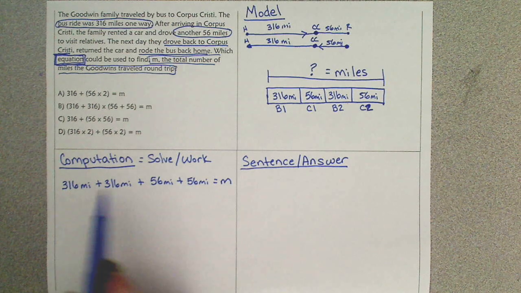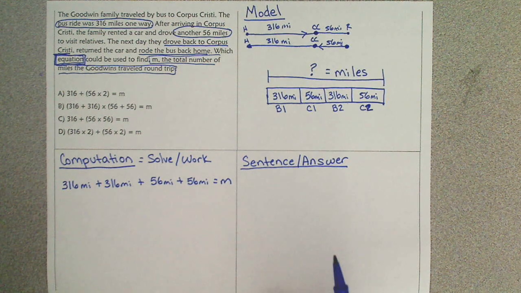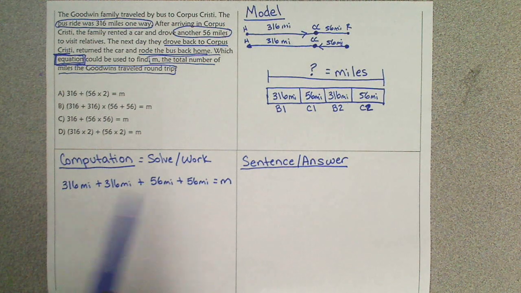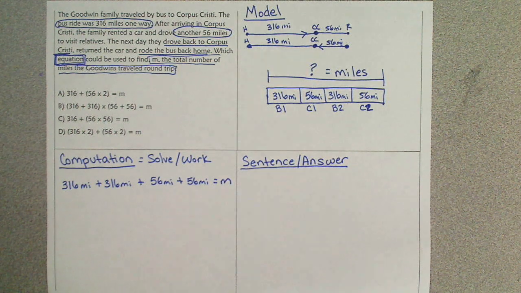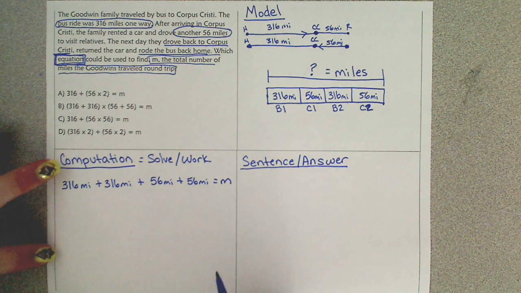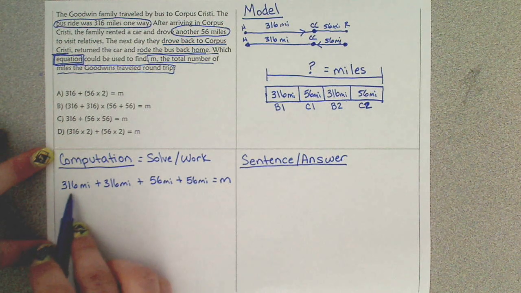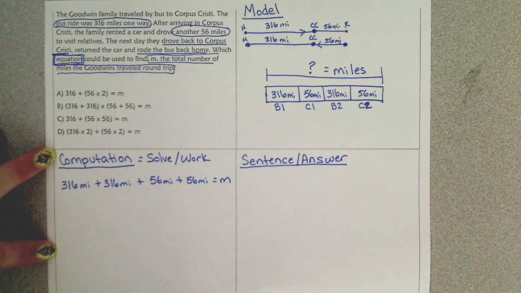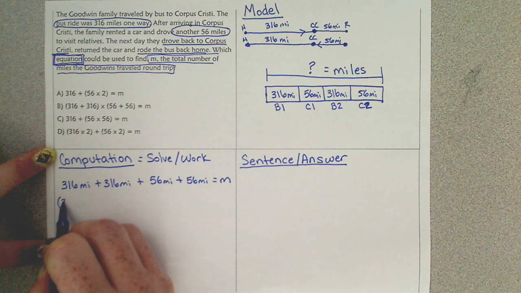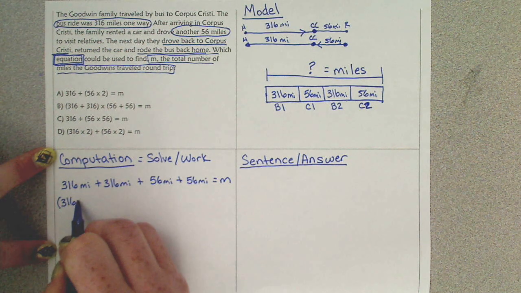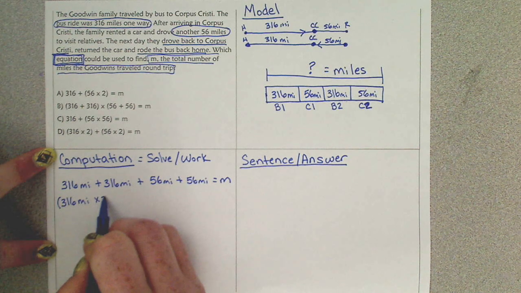Now, this is a little long, to be truthful, and I do not see anything that looks like this equation here. So I'm going to rewrite this a bit. If I know that I have 316 two times, I can rewrite that using parentheses. I need to multiply 316 miles times 2.